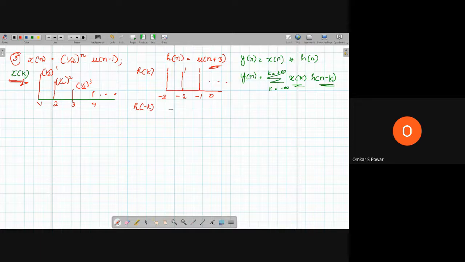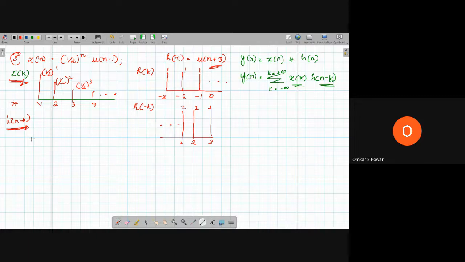What I told you, it is just like taking the mirror image. So 3, 2, 1. And what's the magnitude here? 1. Then h of n minus k is simple. So write it below x of k, so that you can take the product of x of k into h of n minus k, so that it will be easy to visualize that.